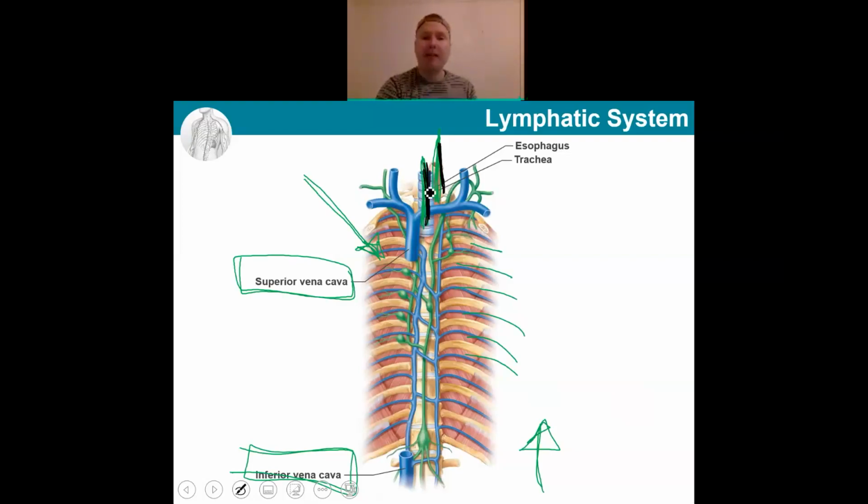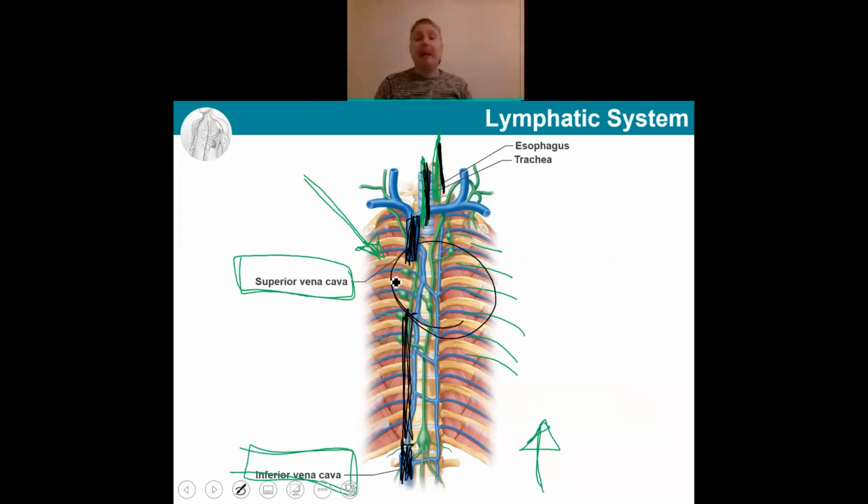The trachea went to the lungs. We also have our superior vena cava, the big vein that brought blood to the heart from the upper parts of the body: upper limbs, head, neck. And we have the inferior vena cava. We've cut the inferior vena cava quite low there. It would keep going up until we get to the heart.